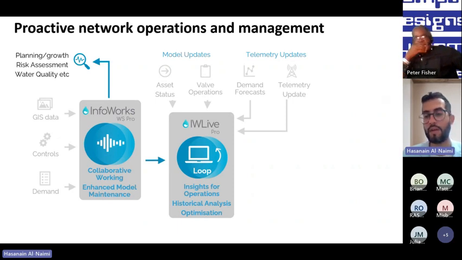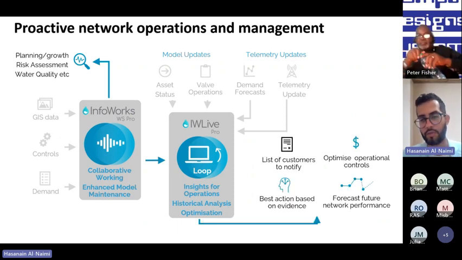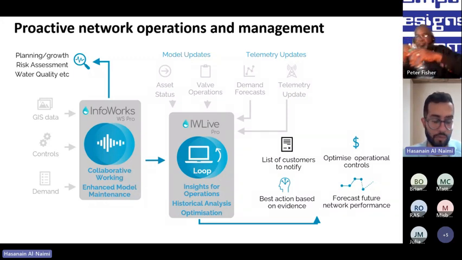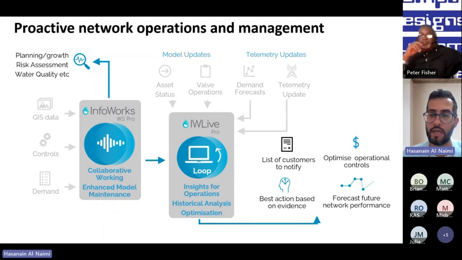By doing that, you have the ability to take the best action. You have the ability to notify customers if you have any problem, like the question we had earlier. You have the ability to even optimize the controls, for example the electricity, by running the pumps better.